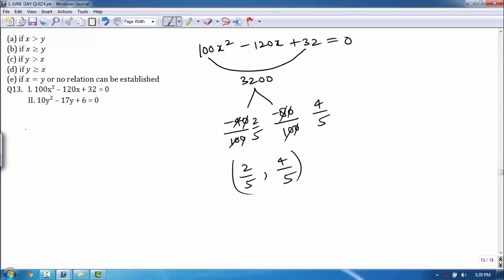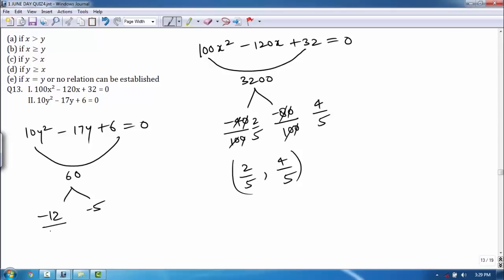Now coming to the second equation, 10y square minus 7y plus 6 is equal to 0. On multiplying 10 with 6 we get 60. Now we'll divide it into minus 12 and plus 5, because on adding these we get minus 7, and on multiplying them both we get 60.